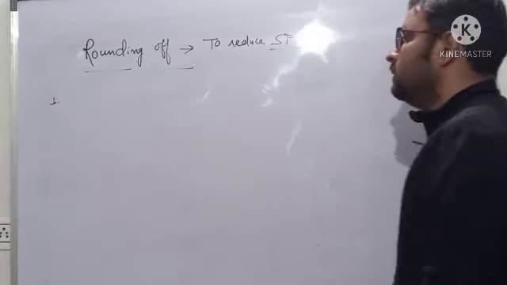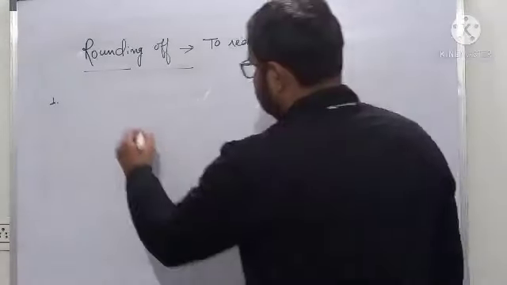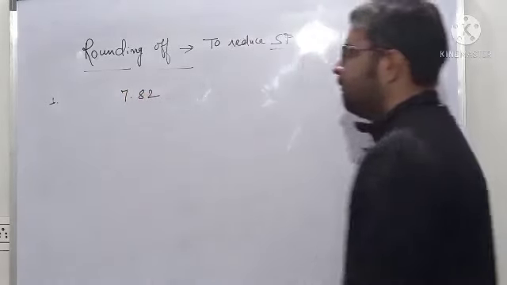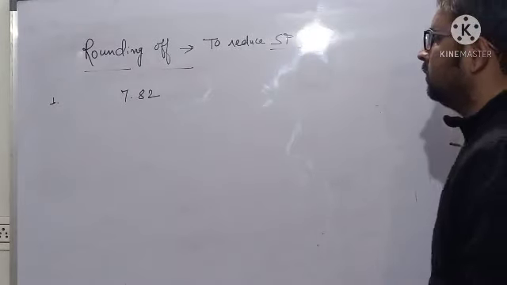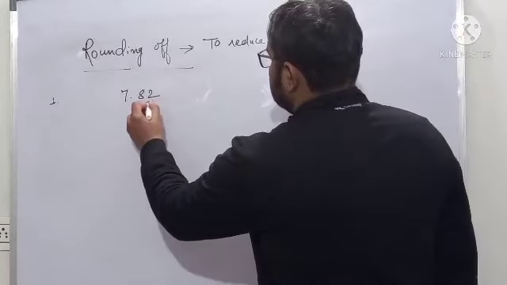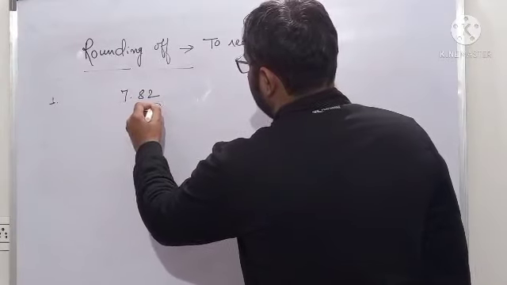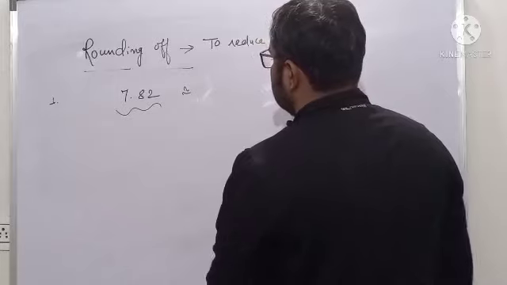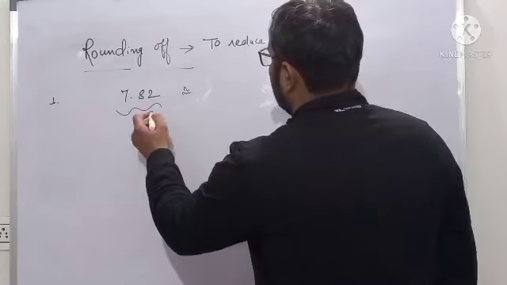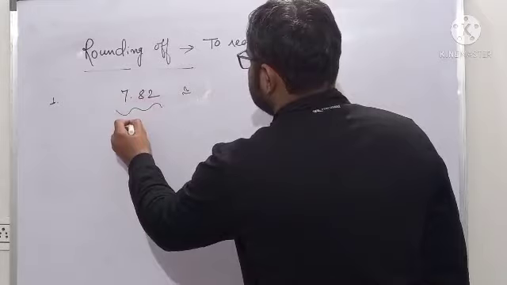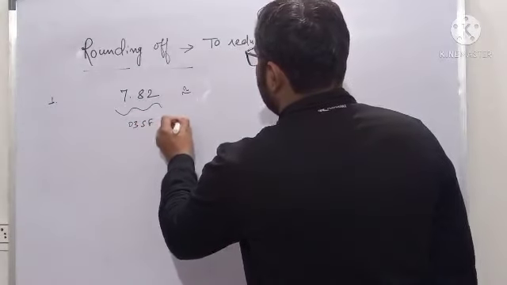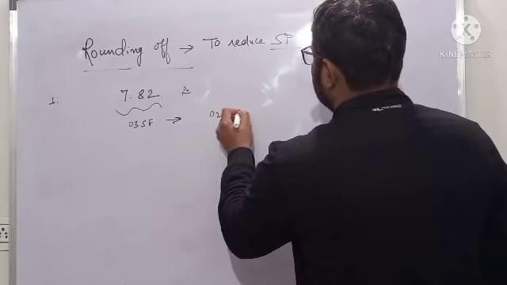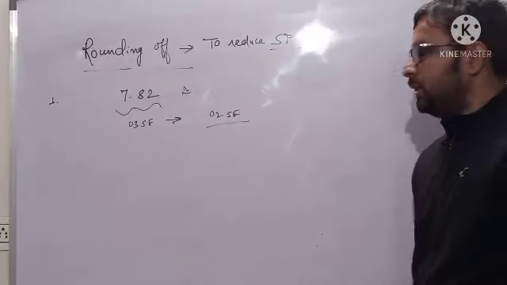My rule 1 says, let us take one example. We will learn from examples. Suppose I have to round this number off to a single decimal place, or we can say that it has 3 significant figures. I have to reduce its significant figures to 2 significant figures. That would be a better way of saying this.